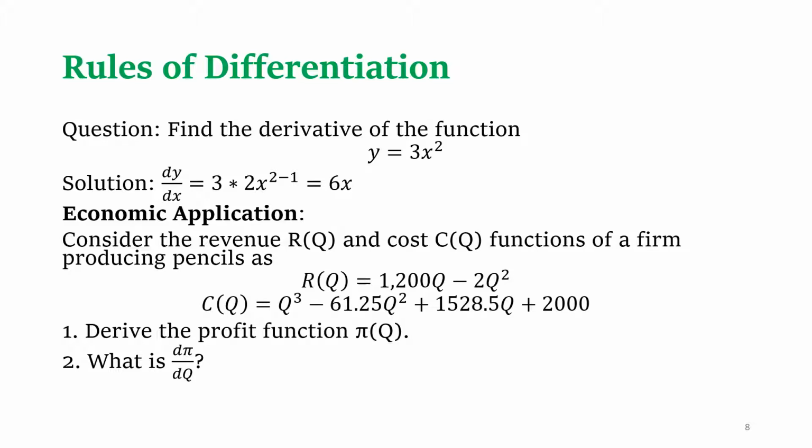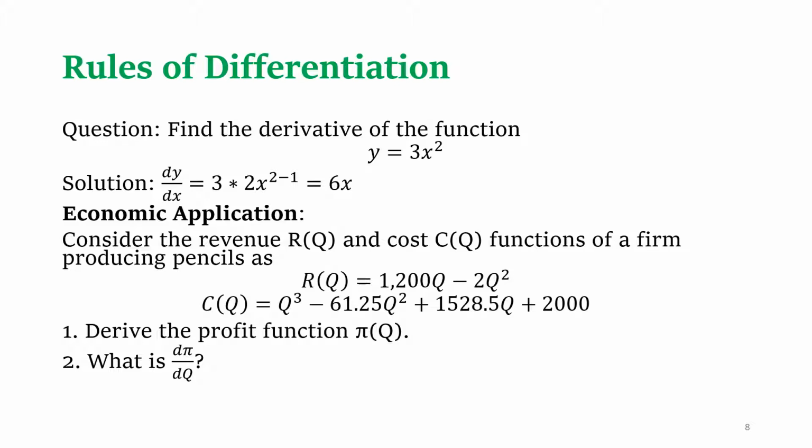So this is 3 multiplied by 2x raised to the power 2 minus 1, right? And 2 minus 1 is just 1, right? Remember, a variable raised to the power 1 is the variable itself. We don't need to say x to the power 1. Just say x, right? It's the same as x to the power 1. You got it? So 3 times 2 there gives us 6x.